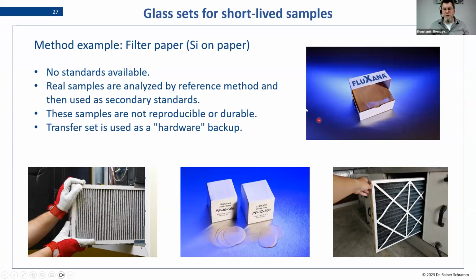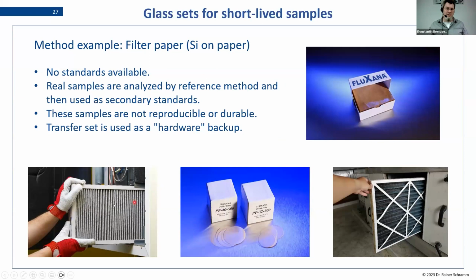So what we used here is a transfer set as a backup for the method later. I call it freezing before. We used the fused bead sample to freeze this method, and it's basically a backup. So whenever we need to install this on a different machine, we have it available without having to go through the whole effort of making new standards.